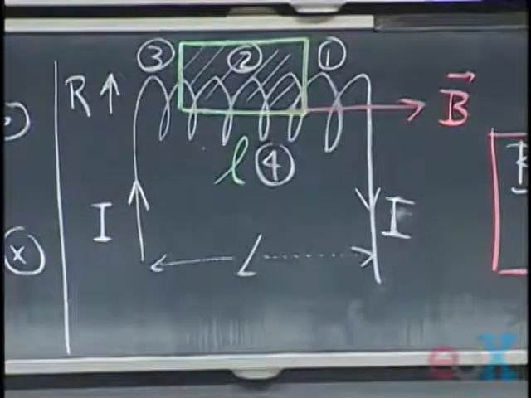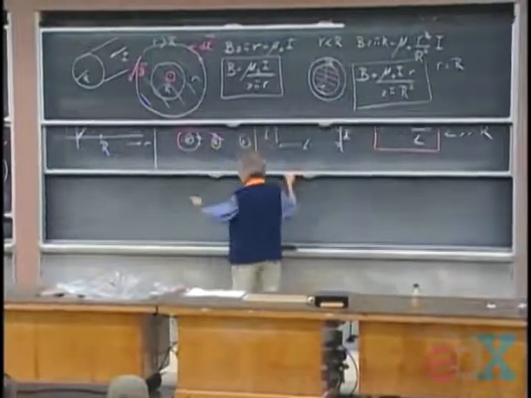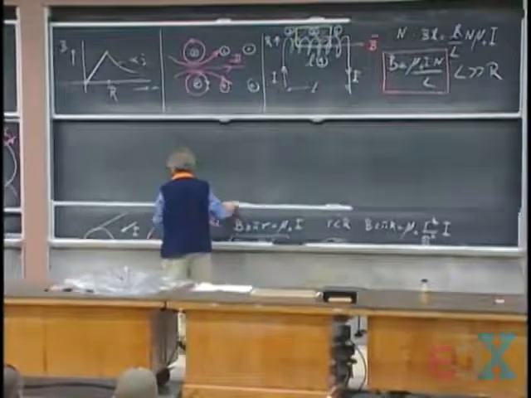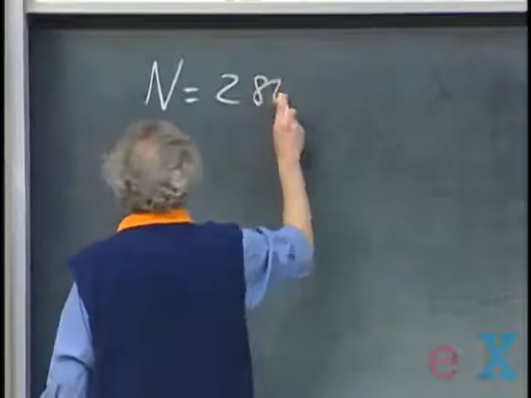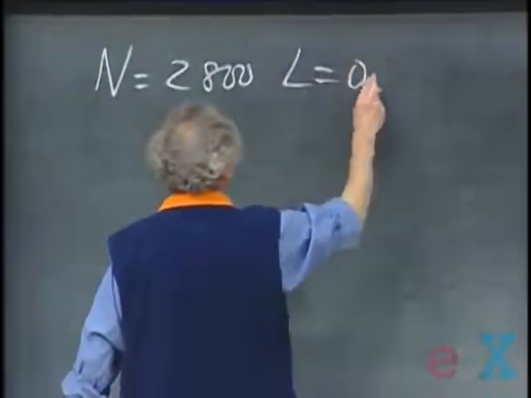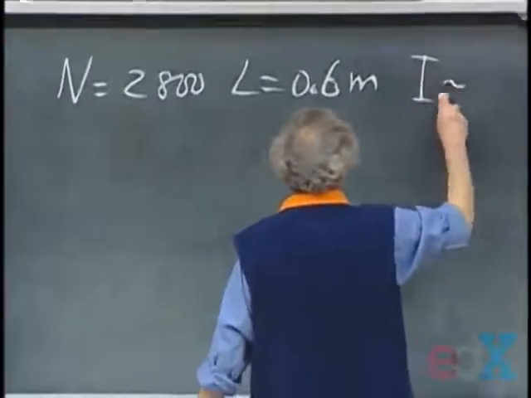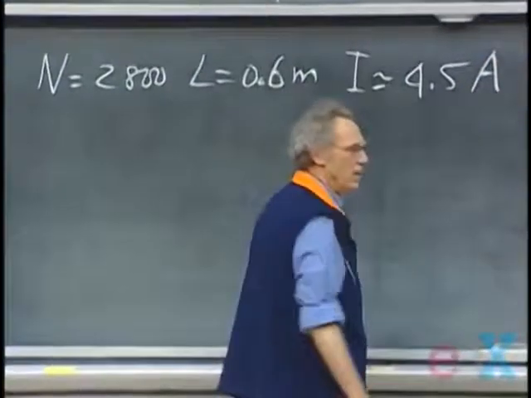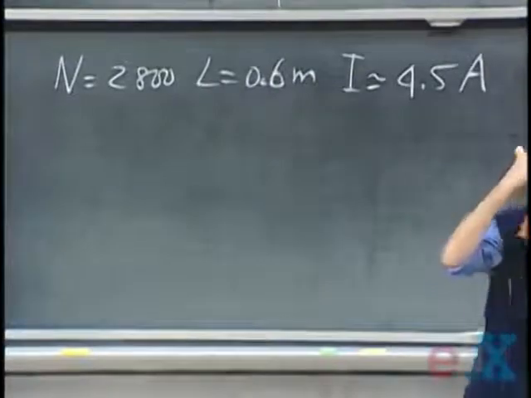I'll work out a numerical example which is aimed at a demonstration that comes shortly. We have here a solenoid whereby n is about 2800 and L is about 60 centimeters, that is 0.6 meters. And I'm going to run through there a current which I really don't know yet, but it's going to be close to 4.5 amperes. We will see when we do the demonstration. And so I can calculate now what the magnetic field is going to be.